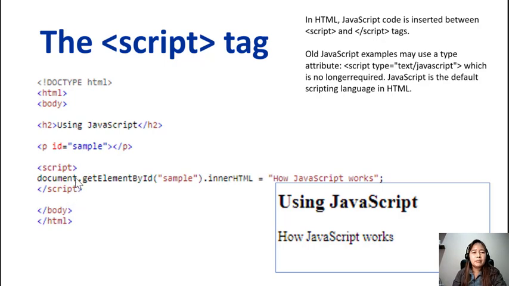So here is an example of code. You have a placeholder, a paragraph with an ID of sample, and then you have a script which will identify that ID, which is sample.